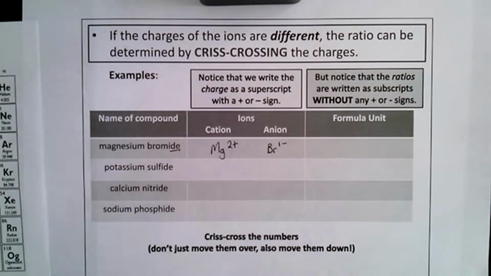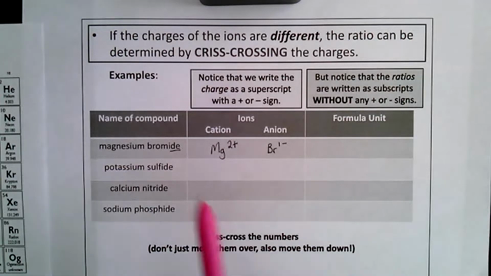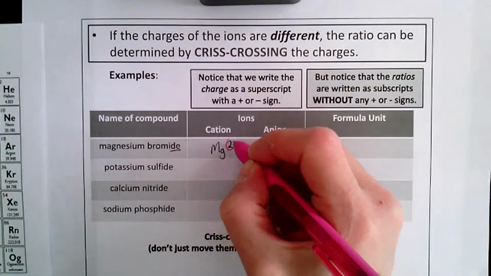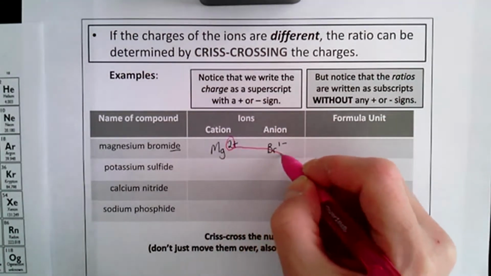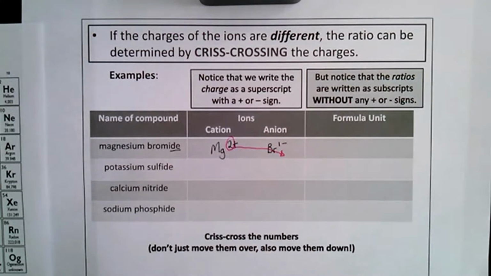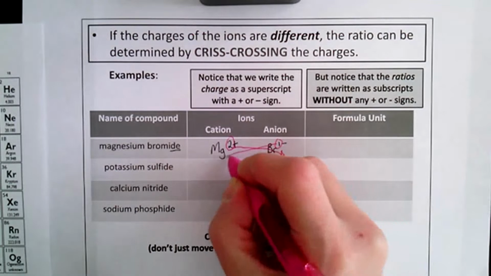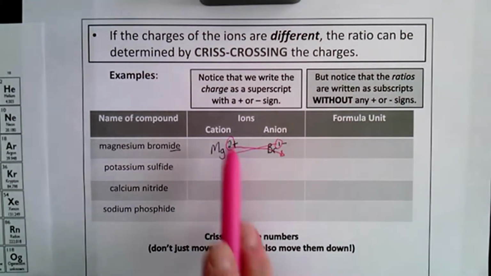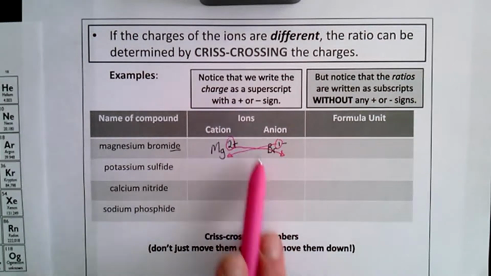These charges do not automatically equal 0. So you do what's called the crisscross method. And what happens here is you take just the number, not the charge. The 2 from the magnesium is going to come down and over across to the bromine. The 1 from the bromine is going to come down and over to the magnesium. These numbers now become the subscripts in the formula.